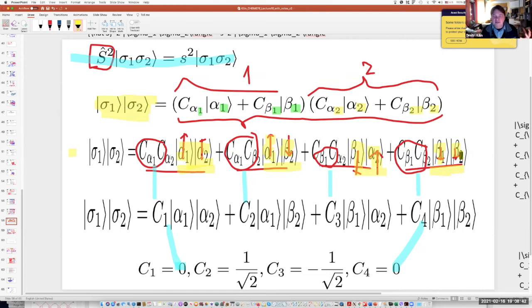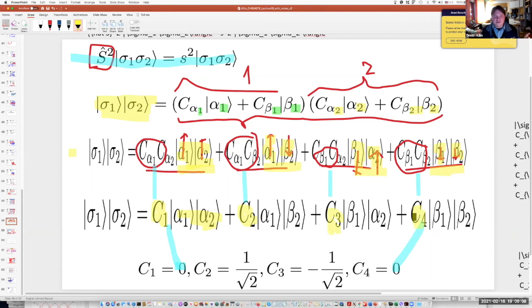So by the laws of quantum mechanics and linear algebra, the general state of 2 spins is a superposition of all of these, like there could be probability of all of these 4 states simultaneously. And in front of these basis states, we have expansion coefficients C1, C2, C3, C4.